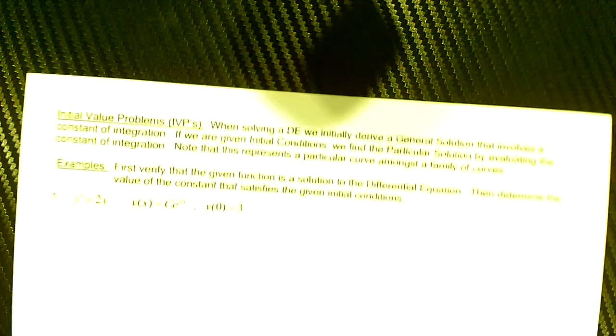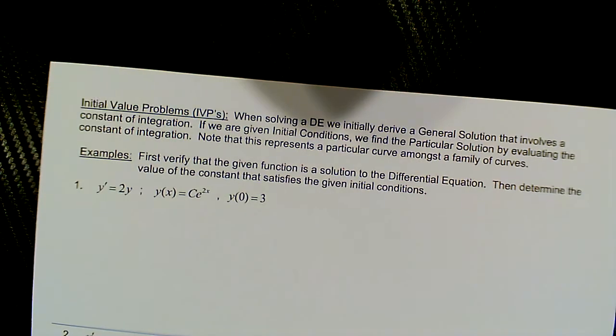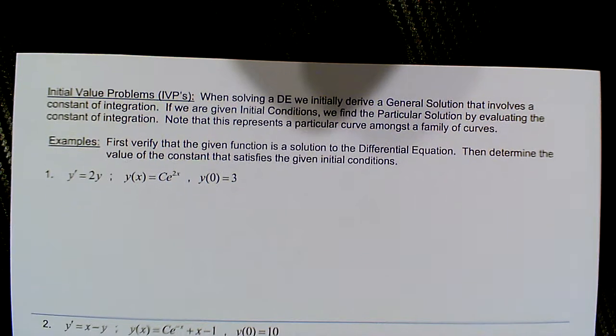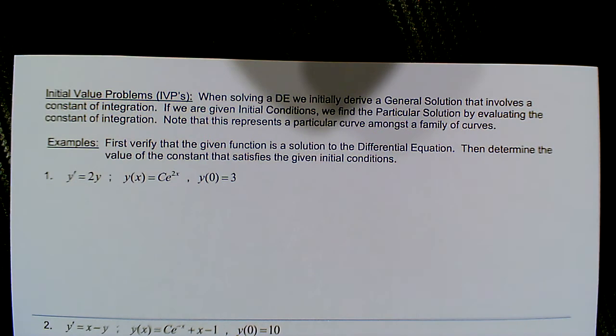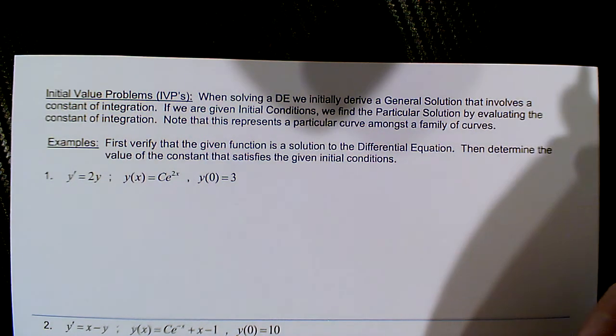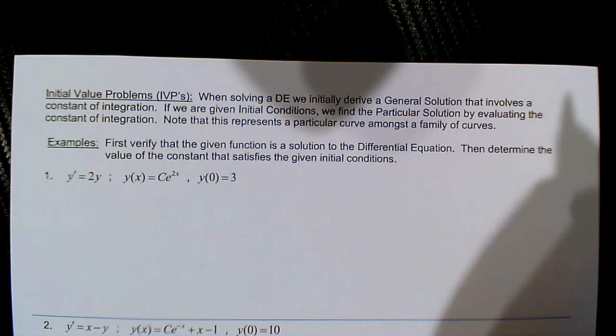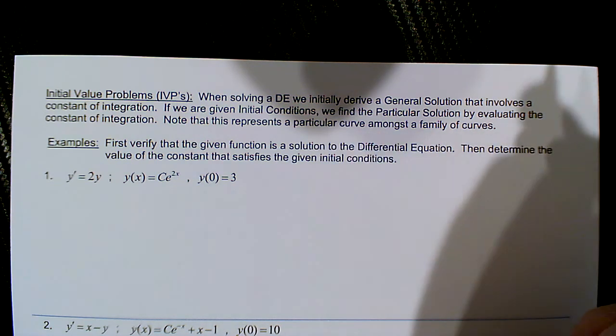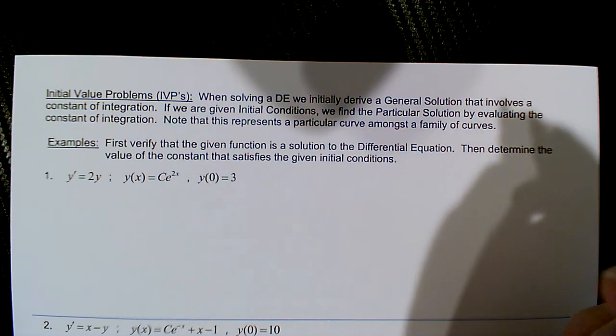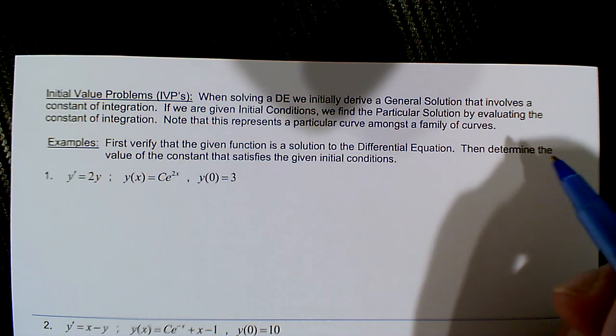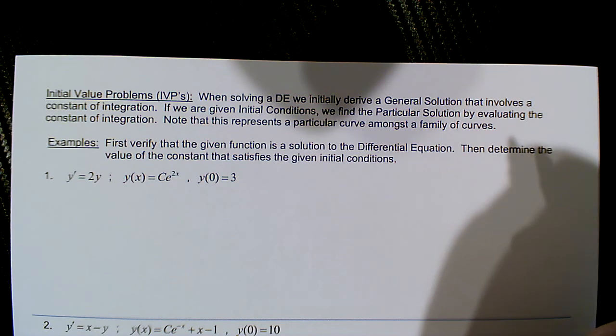So as noted, when we solve a differential equation, we initially derive what we call the general solution, and that involves our constant of integration. And if we are given initial conditions, then we find the particular solution by evaluating that constant.